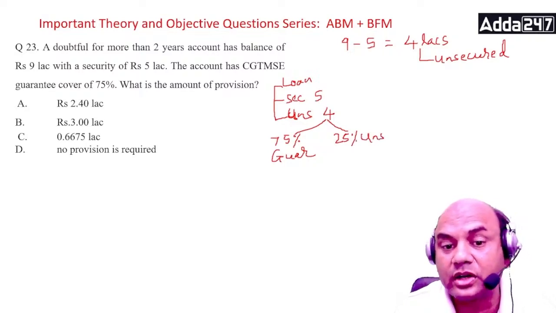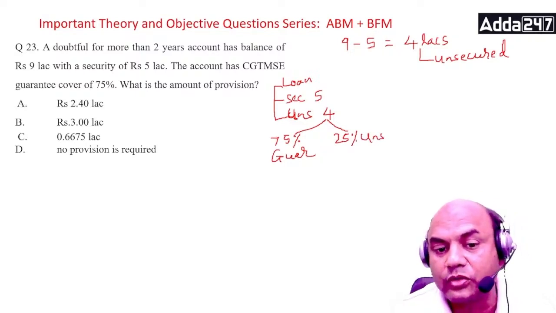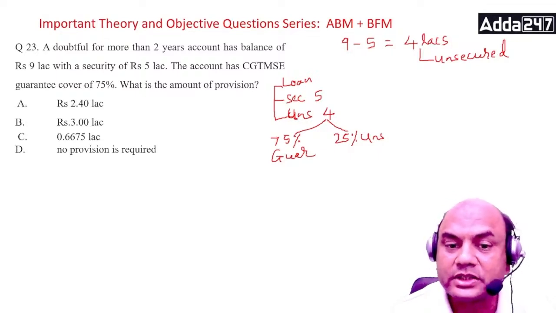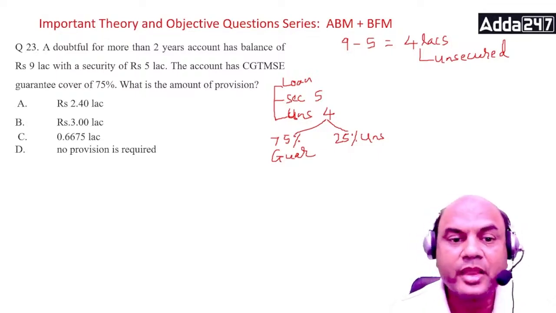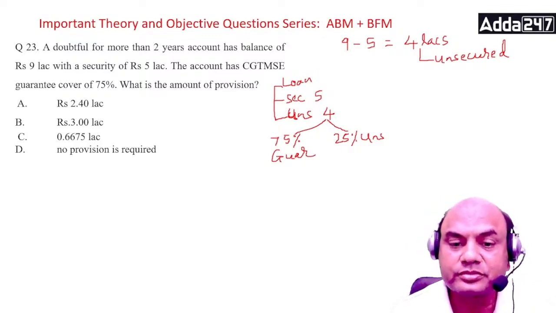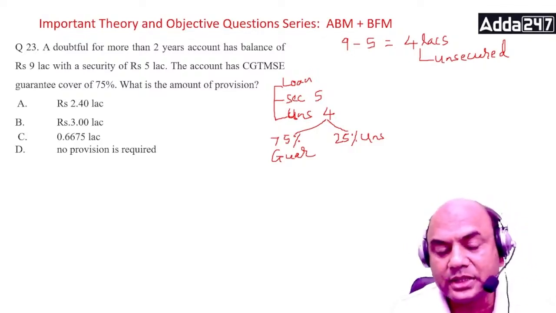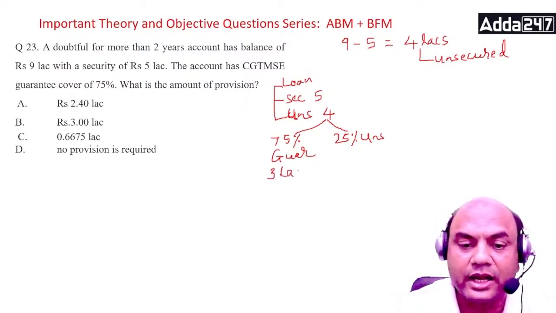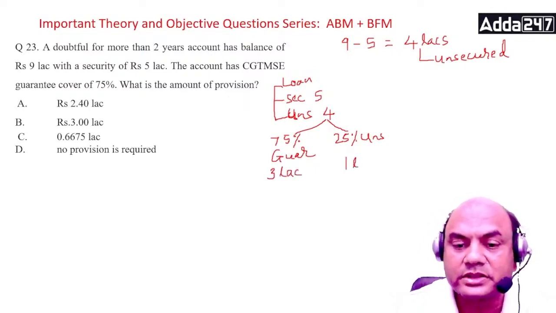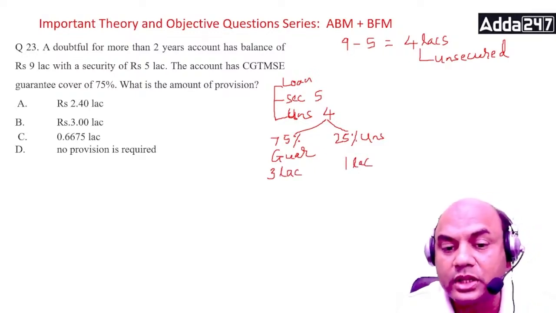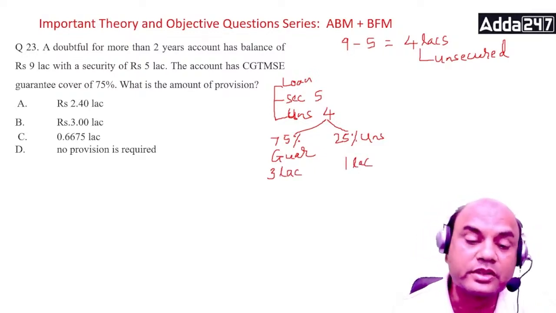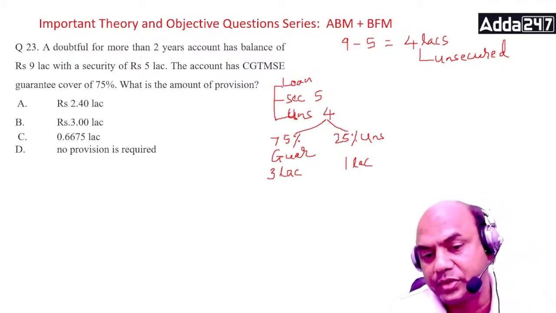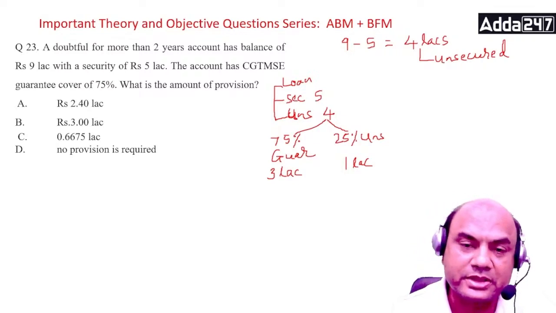Even in this unsecured part, look at this. This 4 lakhs, out of which 75% is guaranteed. It's a sort of security only, right? So what is the amount of provision? Out of this, 3 lakhs is covered under the guarantee, and 1 lakh is not covered, so this is totally unsecured. The provision on the secured balance of 5 lakhs is 40%.